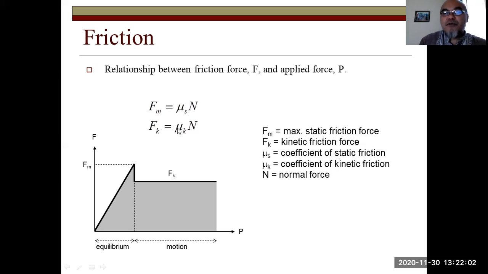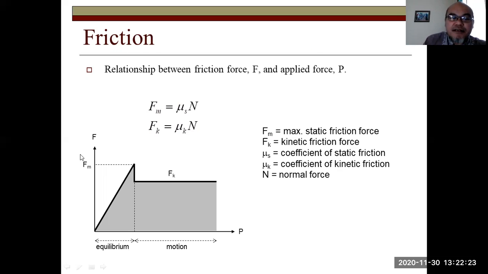Both friction forces, Fm and Fk, are proportional to the value of N. What is N? N is the normal force. The normal force is the reaction force when an object is interacting with a surface.